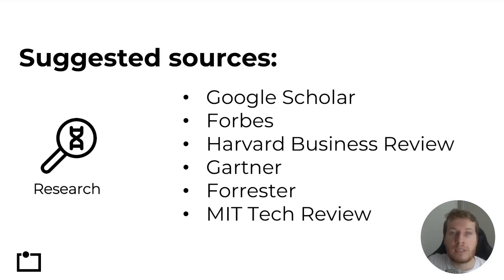Gartner and Forrester are two research agencies that always show the state of the art of technology and how some technologies are entering the market as well. And also you can find really good material on MIT Technology Review.